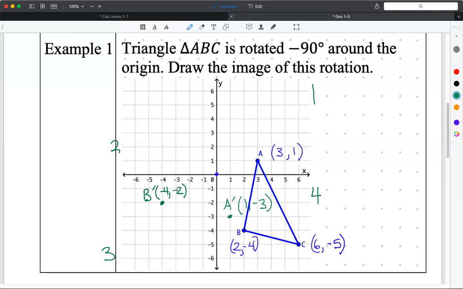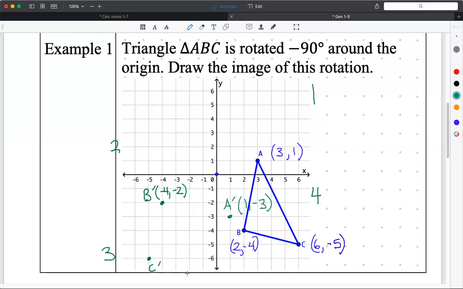All right, so C prime originally is on 6, comma, -5. So you'd switch the order and it'd be going into the third quadrant, with the coordinates being -5, -6. -5, -6 right here.